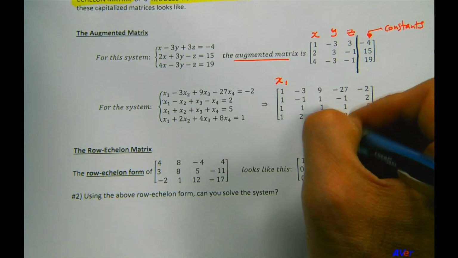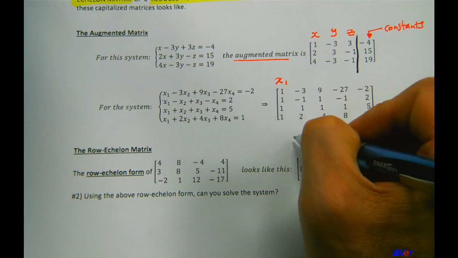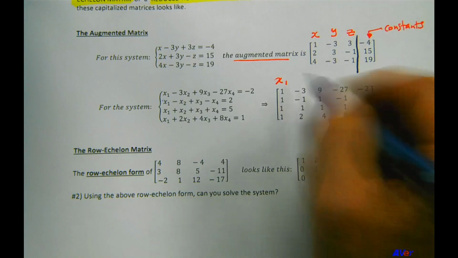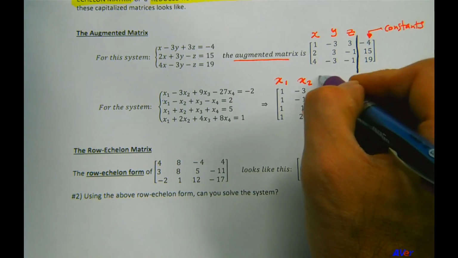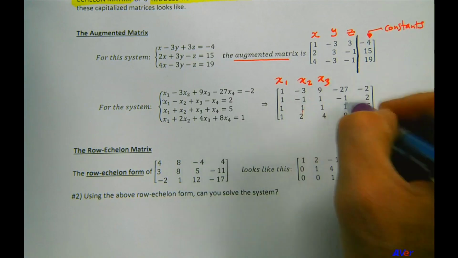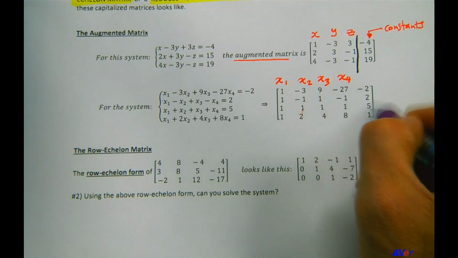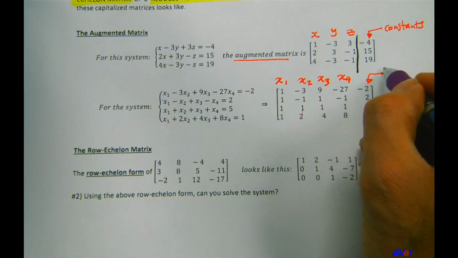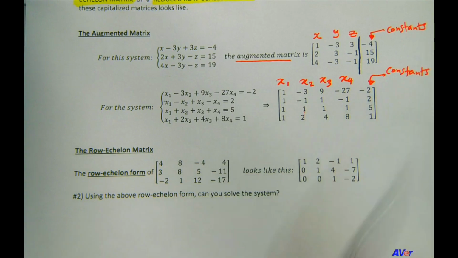Which variable, the coefficients of which variable are these numbers? x4, x3, which one? x2, right? This column are the coefficients of variable x3. This column are the coefficients of variable x4. And the last column, these are just constants. Okay? Is this clear so far, how we set up the augmented matrix?